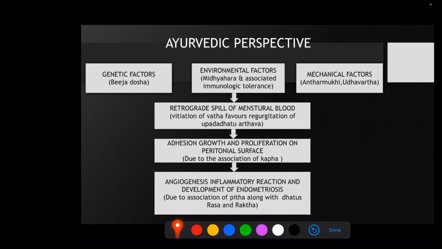Then the old and long-standing lesions have similar lakshanas of Vataja Granthi with the formation of endometriotic cysts. Then, if not properly treated in the early stage itself, there is angiogenesis and inflammatory reaction due to association of Pitta, along with the dhatus, rasa and rakta.